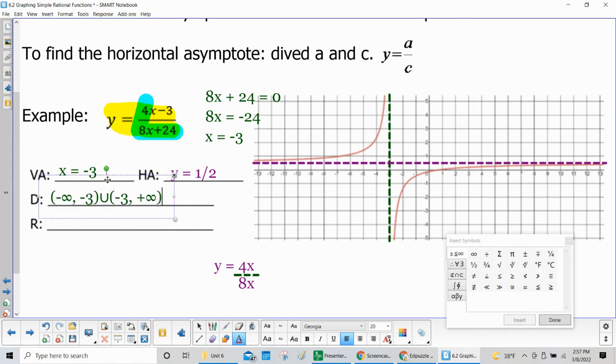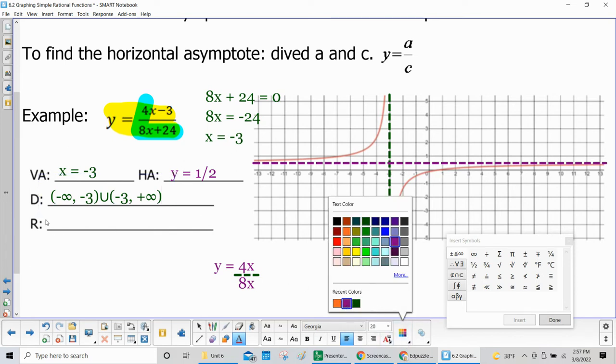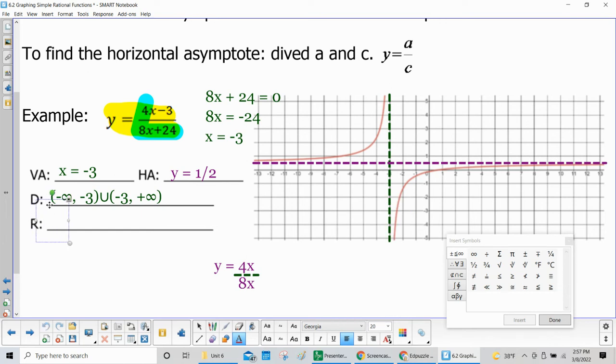So we're never actually equal to -3 on the denominator, but we approach -3. Then on our horizontal asymptote, we would be doing the exact same thing using the horizontal asymptote value. So we would have negative infinity to our horizontal asymptote, which is 1/2, and then picking up on the other side of our 1/2 and going off to positive infinity. So nothing too crazy there.